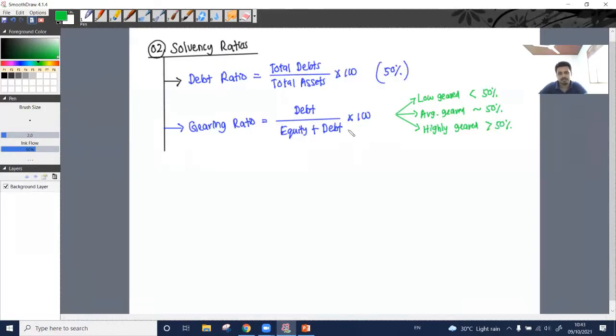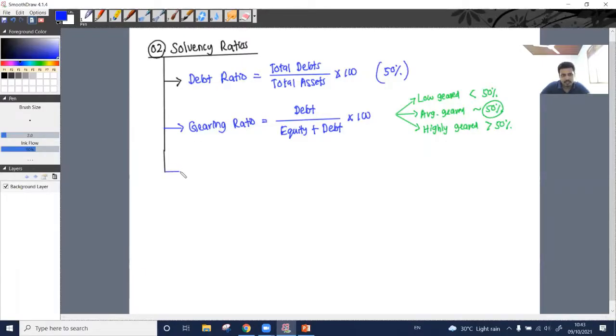Gearing ratio. So the generally accepted level is 50%. It can be maintained around 50%, then it is accepted, but that again depends on the nature of the business. From manufacturing businesses to banking businesses, these ratios can be different. The industry norms can be different.